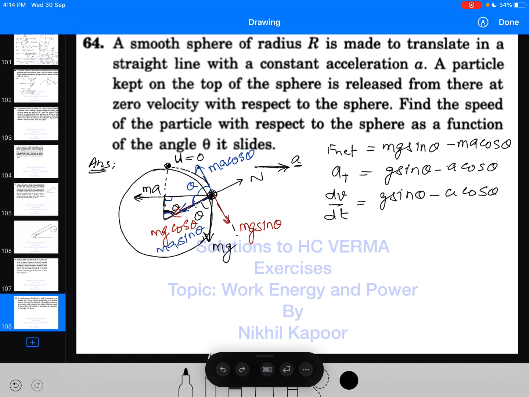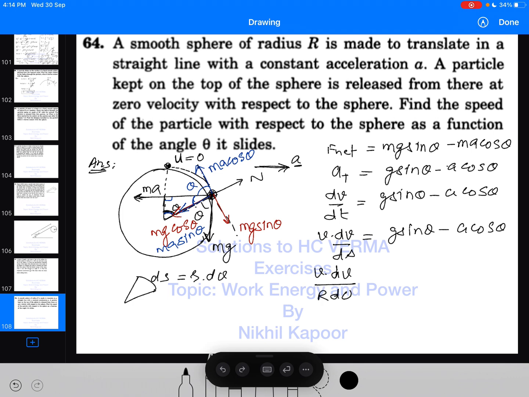So I will write in place of tangential acceleration v dv by ds, where s is the distance covered, equals g sin theta minus a cos theta. The arc length ds covered can be written as radius into d theta. So it would be v dv upon r d theta is equal to g sin theta minus a cos theta.